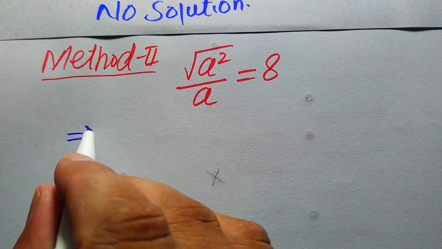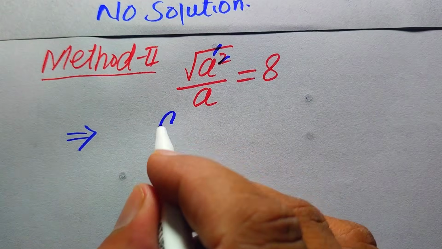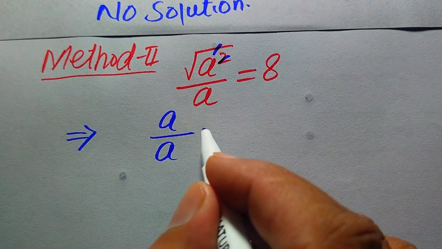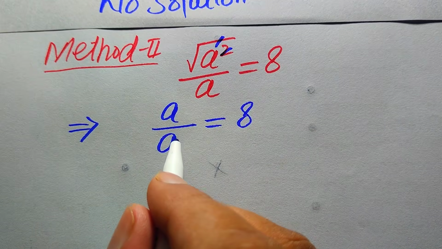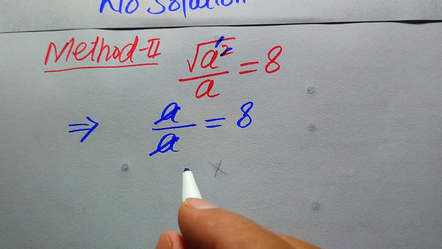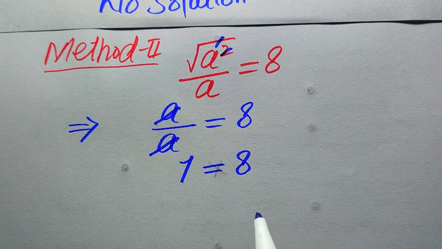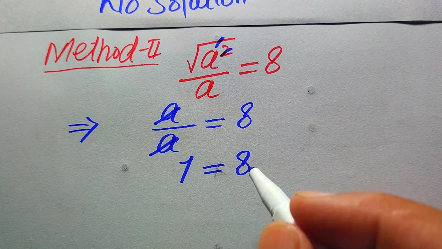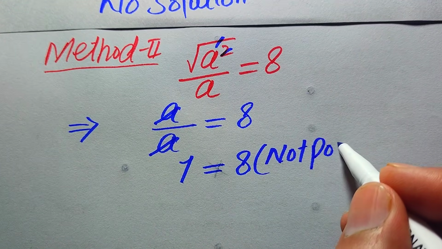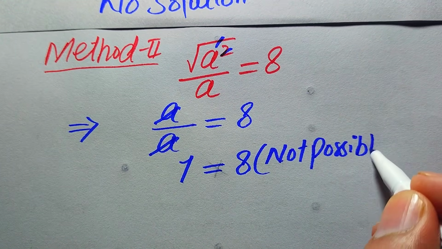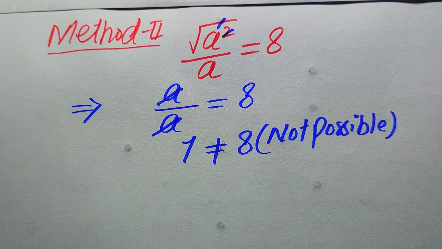First you see that this 2 and this square root are cancelled out by each other, and we get the remaining values a divided by a is equal to 8. This a and this a are cancelled out by each other, and we get 1 is equal to 8. You very well know that 1 is equal to 8 is not possible, because in general these two values are not equal.